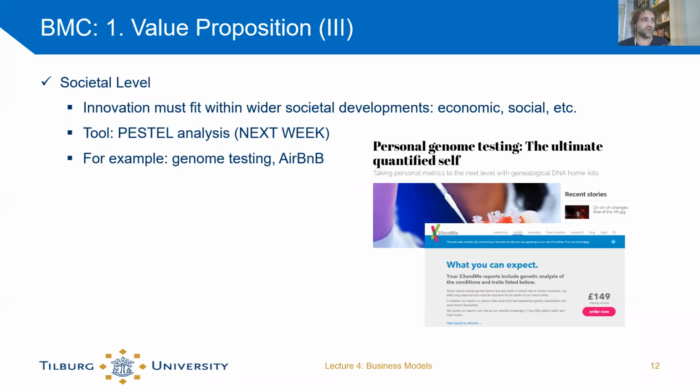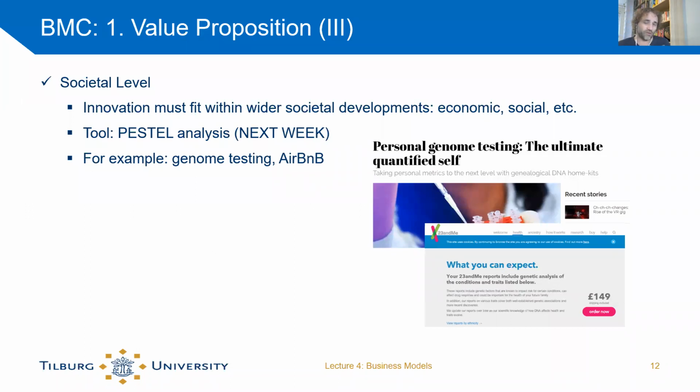It's kind of related to genome testing, but that has all kinds of ethical and legal and political and societal consequences. And you have to make sure that your innovation does not run into these issues, and that your organization as a whole is suited to tackle these issues if needed.